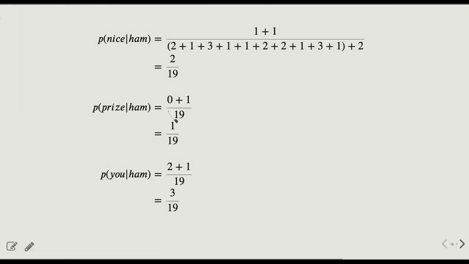We can compute the probabilities for each term in the ham collection as well. So for example, the probability to encounter the term nice in the ham collection is going to be 2 over 19. So we have these probability values.